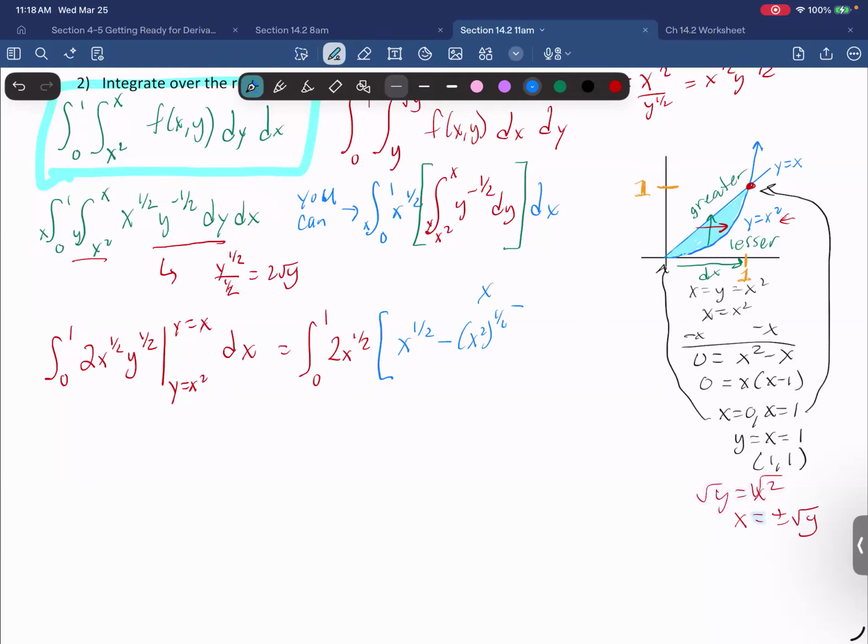And we've got our dx, and we want to distribute that first x to the 1/2. We want to clean this up before we try to integrate. This ends up being 2x. Let's put the 2 out front so that we don't forget that it goes on both. And then x to the 1/2 times x is x to the 3/2.